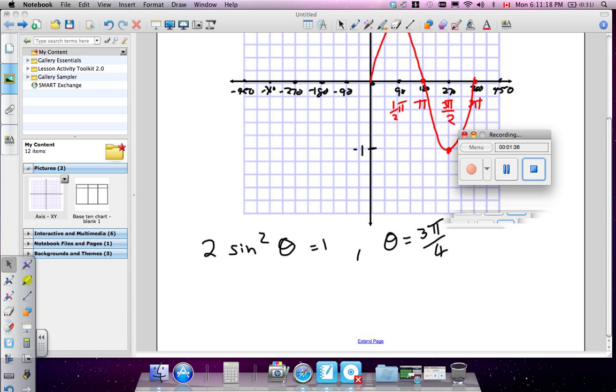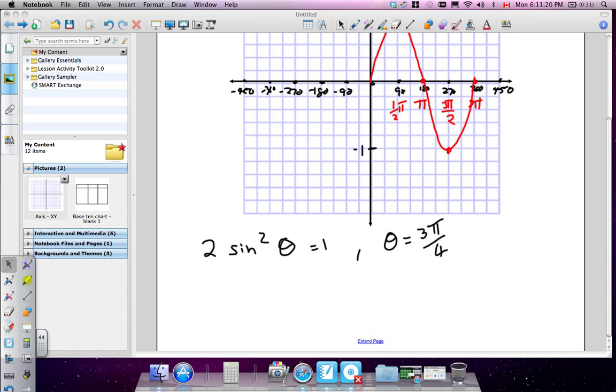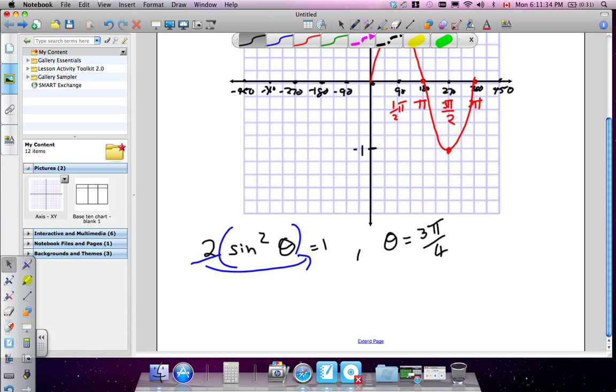What you can do, instead of just transforming a wave, because you've done transforming before, you remember that this would be A and such. What we can do is just try to isolate for sine. So think of it, we have this. We want to bring our 2 to the other side of the equation. So I end up with sine squared theta is equal to 1 over 2.